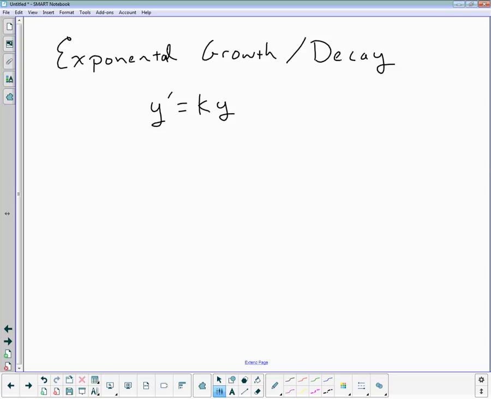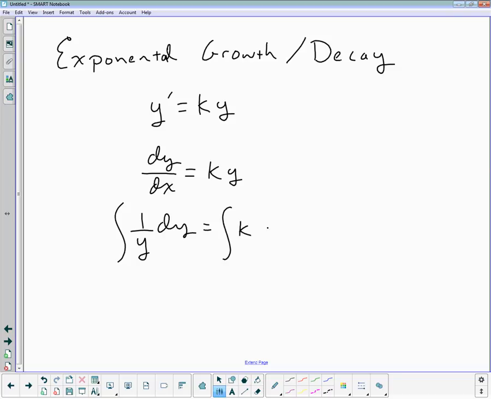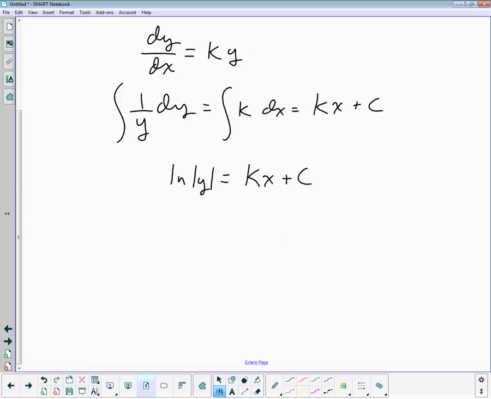And we've solved this differential equation before. All right, so that's just the pure math of it.